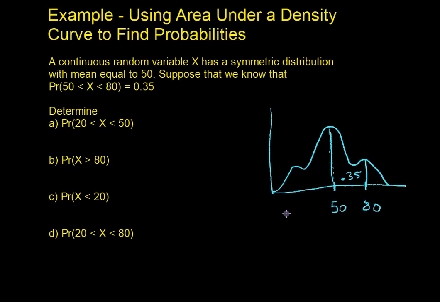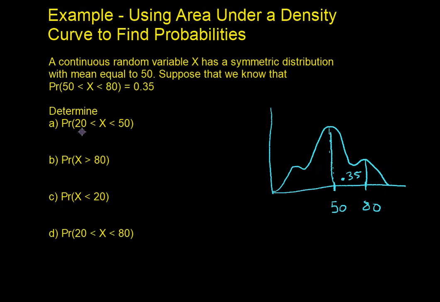Also I know the total area under this entire curve is equal to 1 because this is a density curve. So those are the two pieces of information that I was given with this problem.